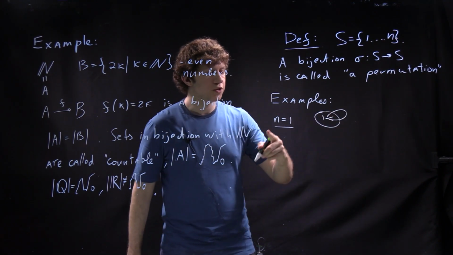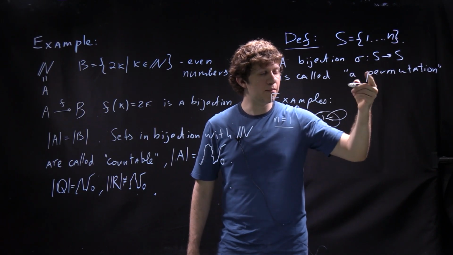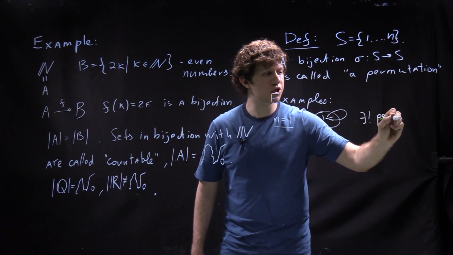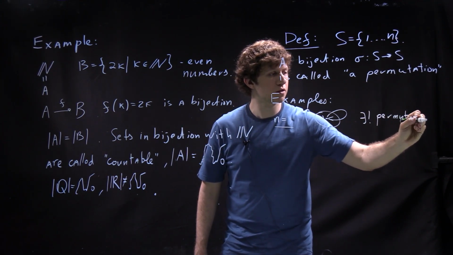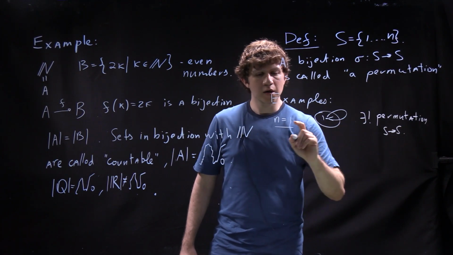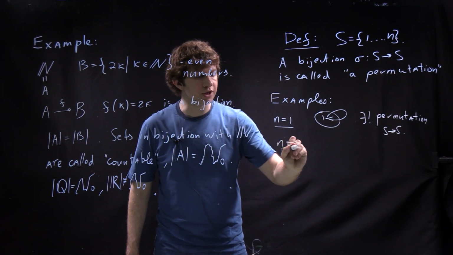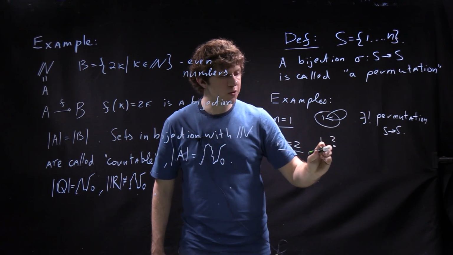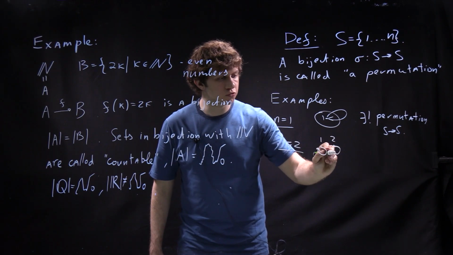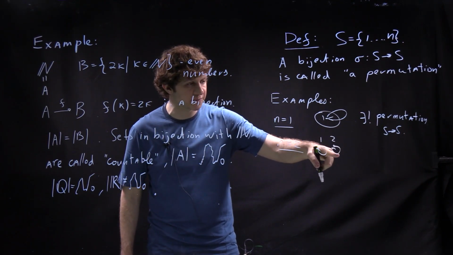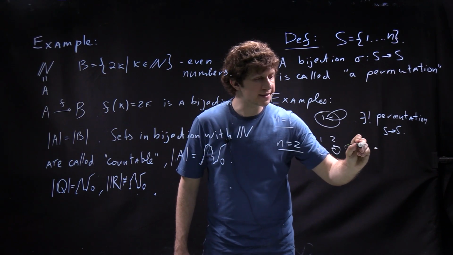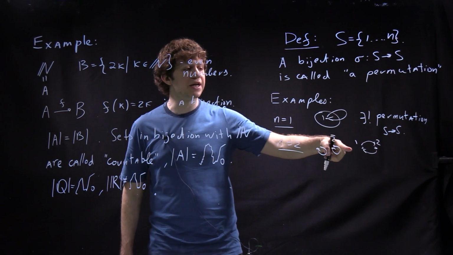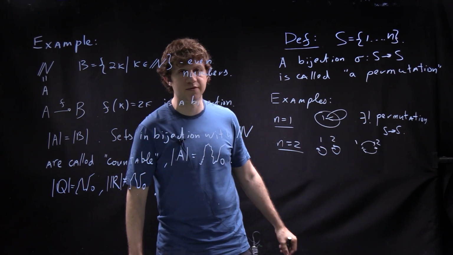So there exists a unique permutation of the set, which just doesn't do anything from S to S. With n equal to 2, that's more interesting, because now we have two elements, 1, 2, and we can either send 1 to 1, 2 to 2, or I can send 1 to 2 and 2 to 1. So there are two different bijections from the set to itself.